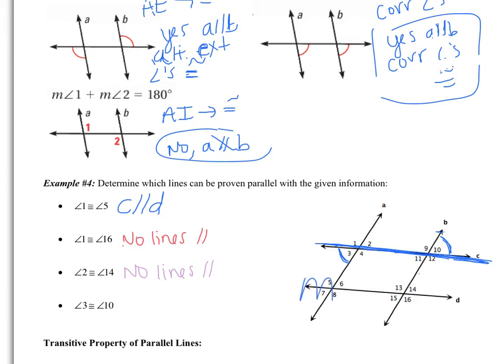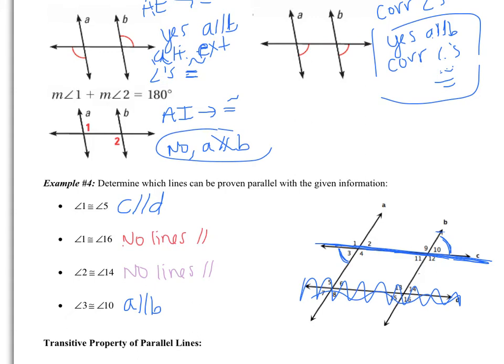Because C is the transversal, I can ignore D. Okay, I have alternate exterior angles. They are both exterior, they're outside of A and B, and they're on alternate sides of the transversal. Alternate exterior angles should be congruent, and they are congruent in this case. Therefore, A is parallel to B. So that's okay if you didn't get that. If you have a question, write it down, and we'll be sure to answer it when you come to class.